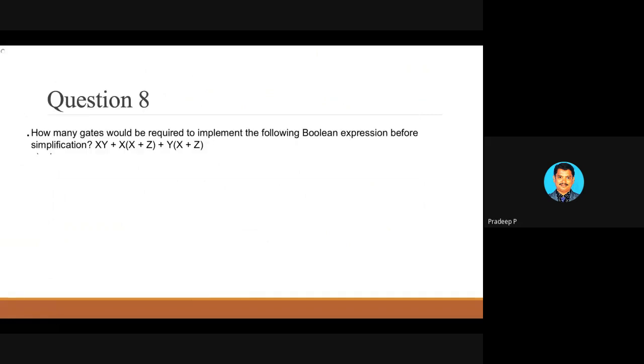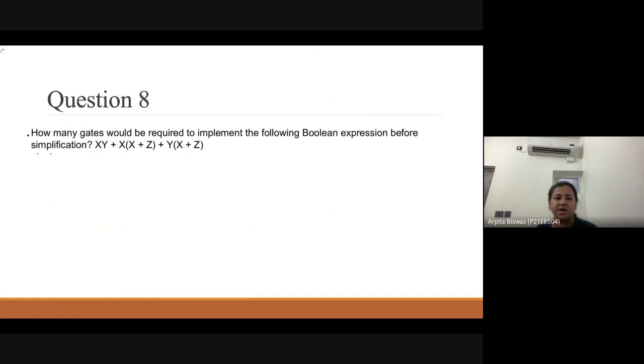So this is question number 8. How many gates would be required to implement the following Boolean expression before simplification? Xy plus x into x plus z plus y into z plus x plus z.